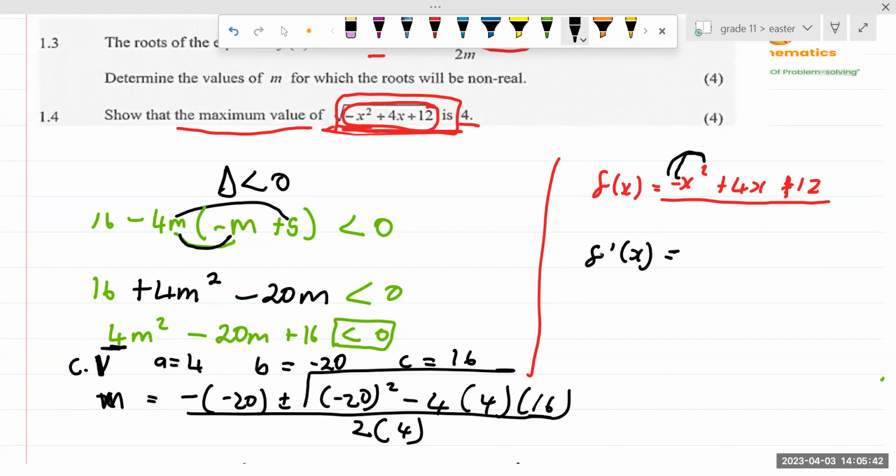If I put a prime here, I'm differentiating. So I'm going to have 2 multiplied by minus 1, which gives me minus 2. After multiplying, you subtract 1 from the exponent. So what is 2 minus 1? 1.